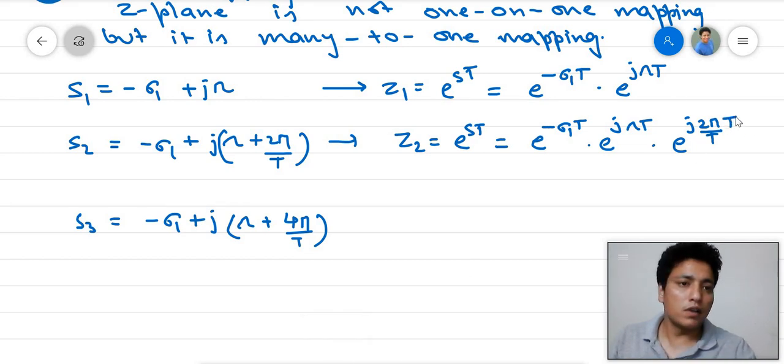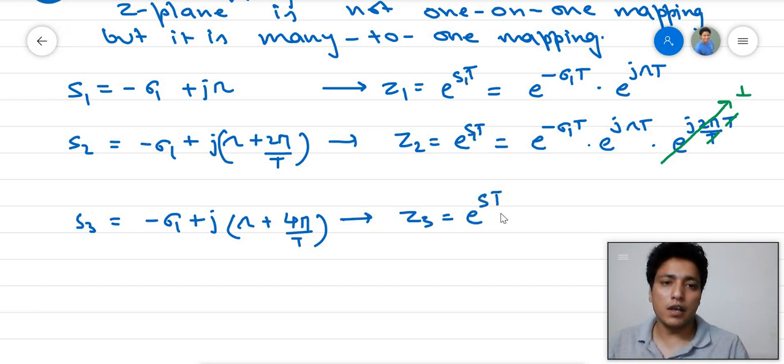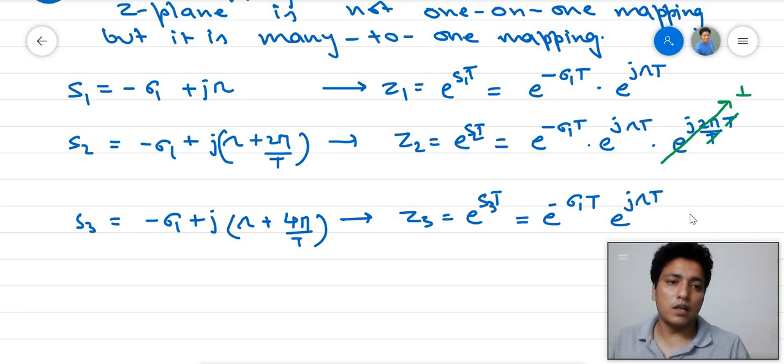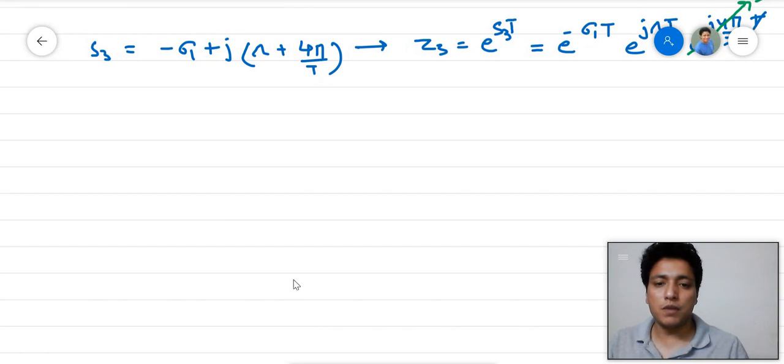Now if we solve, this t will be cancelled out, and exponential j 2 pi is nothing but 1. Then we can find the value of Z3. Z3 is also e to the power S3 t, which is exponential minus sigma 1 t, then exponential j omega t multiplied with exponential j 4 pi by t into t. This will be j 4 pi, which is again nothing but 1. So what does it mean?